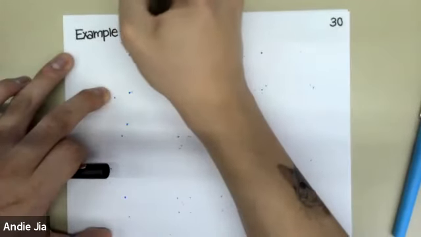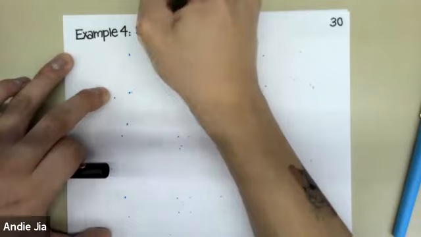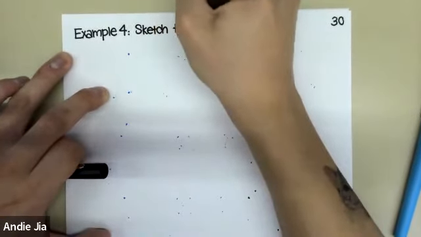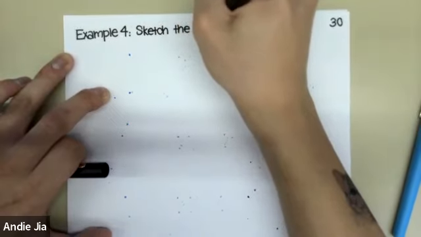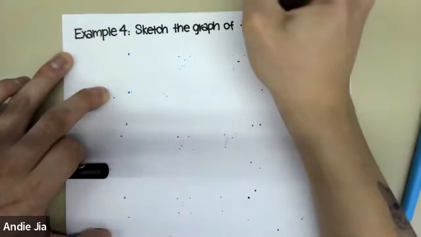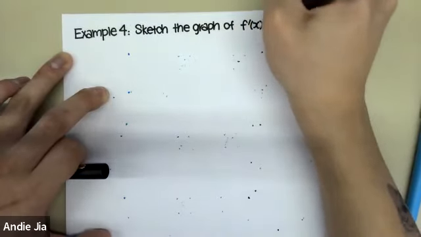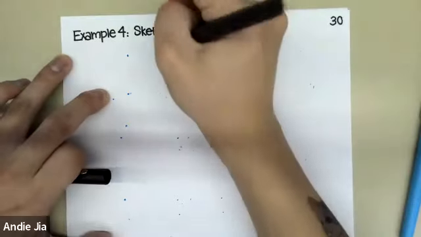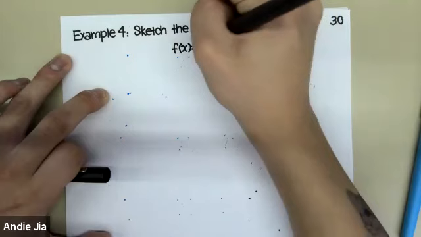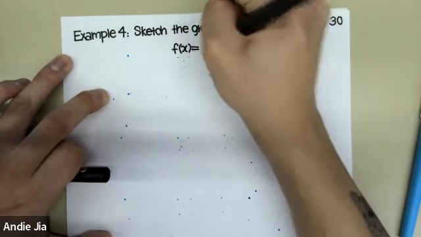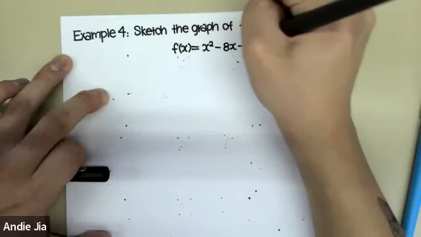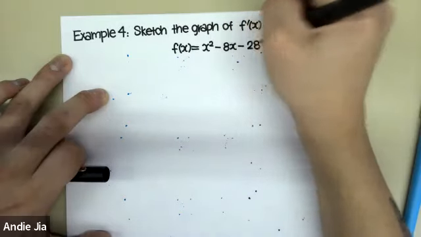Sketch the graph of f prime of x if f of x is x squared minus 8x minus 28.